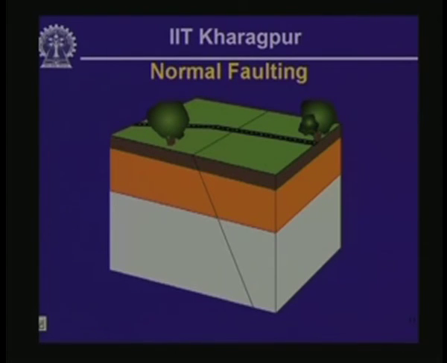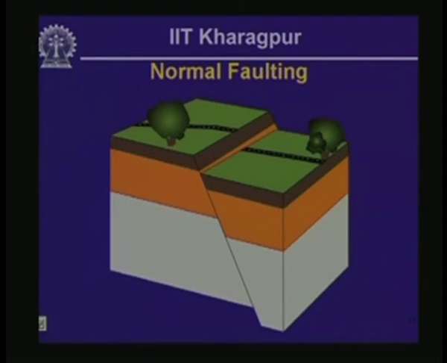How normal faulting can be viewed from the perspective of failure, from the perspective of mechanics, and as a problem of failure of rock mass. So this is how a normal fault develops. We know that already, and here what is happening is that sigma 1, the major principal stress, is going to be in the vertical direction.